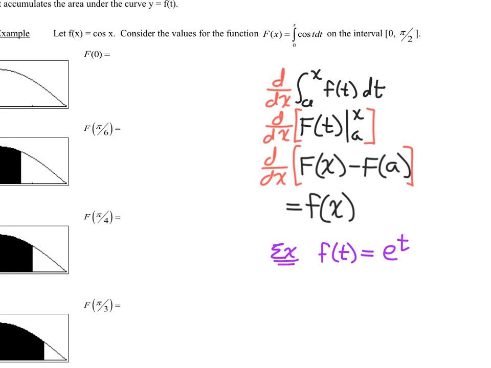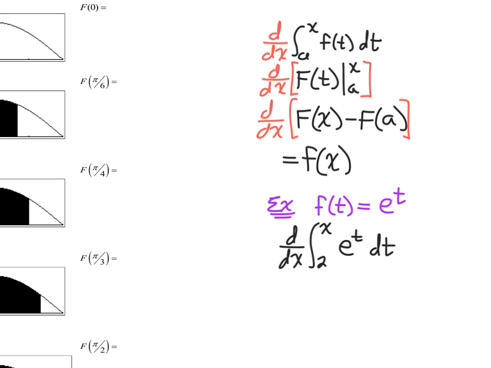If the question asked me to find the derivative with respect to x on the interval of, let's say, 2 to x of that function f of t, so I'll just write the e to the t in there, dt. That's just going to give us e to the x as a result.